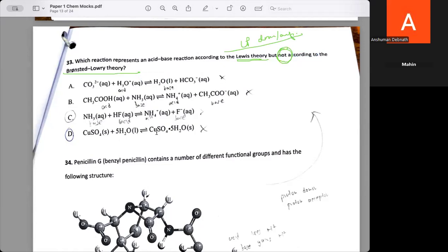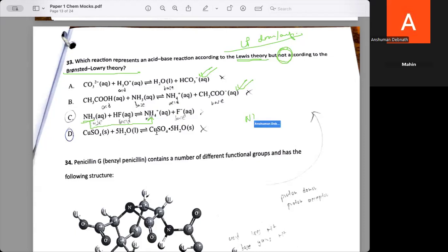This is Bronsted theory, isn't it? Agreed. This is also Bronsted theory happening. Now see here what happens. Can you tell me that ammonia NH3 is going to NH4 plus? What is happening over here? It's not donating. Now think what is happening.